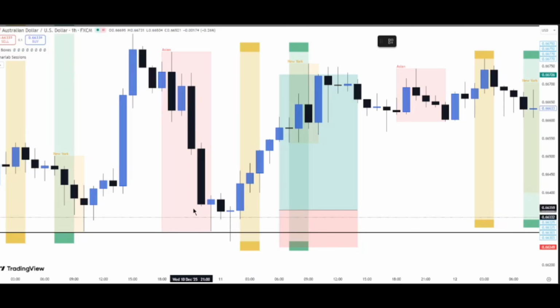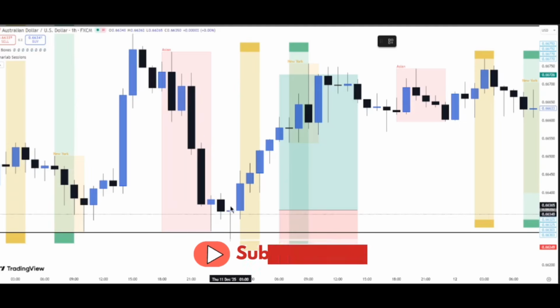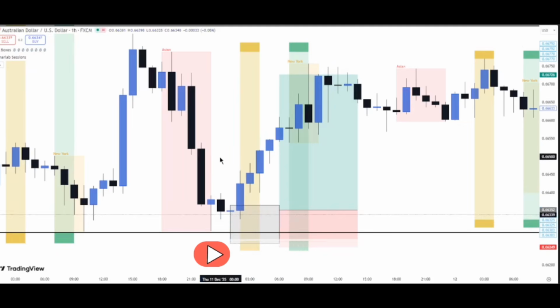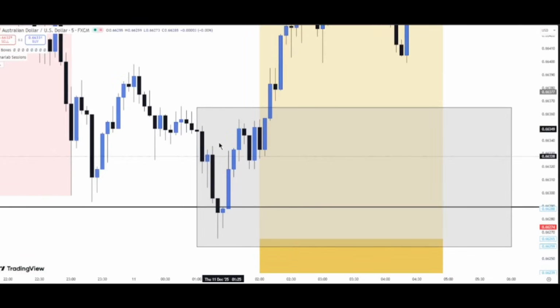So we want to now go to the lower time frame like the 5M and see whether we can refine this candle to get a better risk to reward. So what you need to do is mark it out and then go to the 5M. So this is 5M. This is where price swept the previous day's low with this bearish candle.